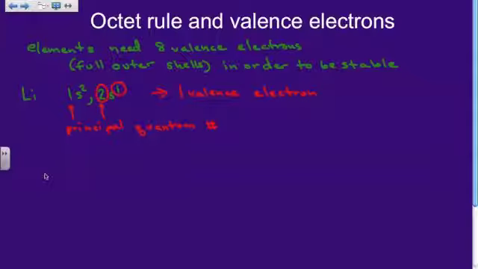If we look further down, if we were to look at sulfur, sulfur has an electron configuration of 1s2, 2s2, 2p6, 3s2, 3p4.